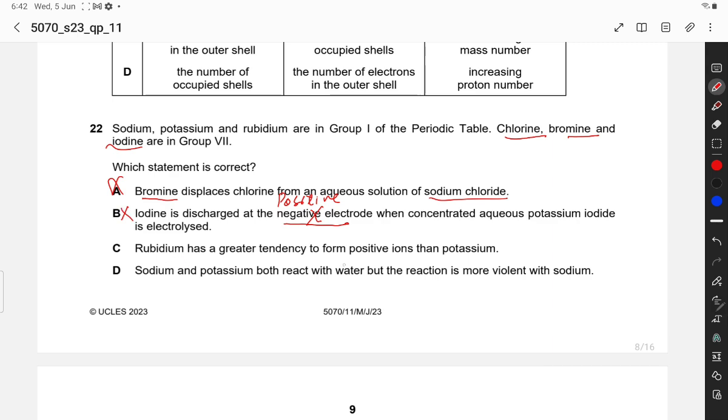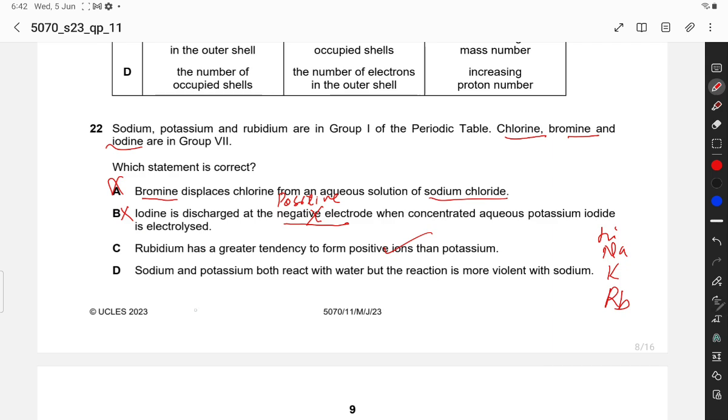Rubidium has a greater tendency to form positive ions than potassium, so it is correct, because rubidium is below potassium in group 1. In group 1 we have lithium, sodium, potassium, rubidium, so rubidium is a more reactive metal than potassium, and has a greater tendency to form positive ions.